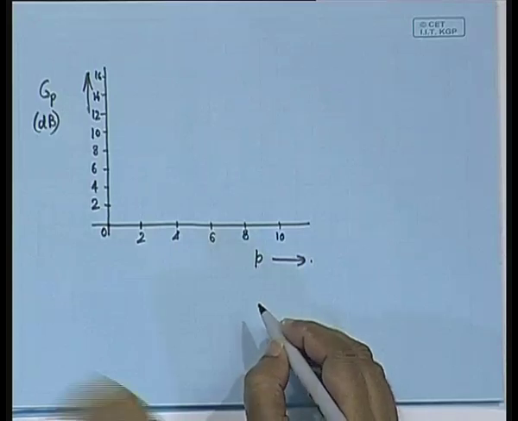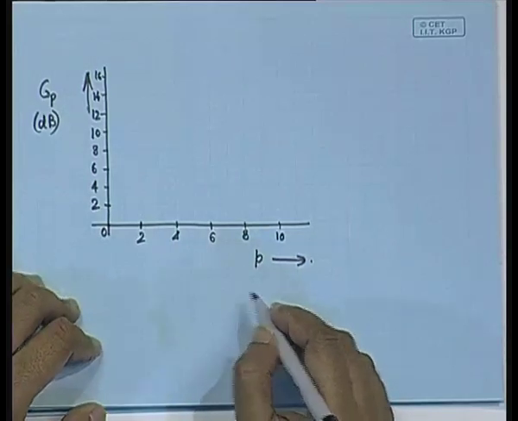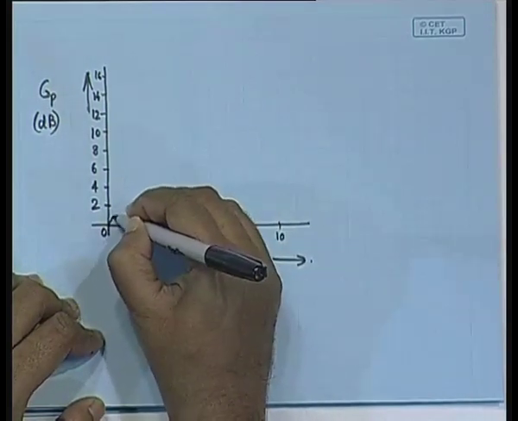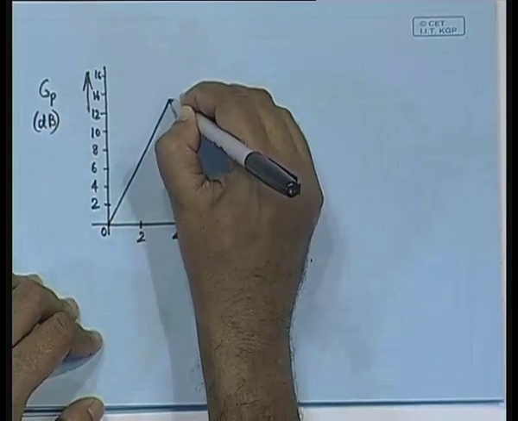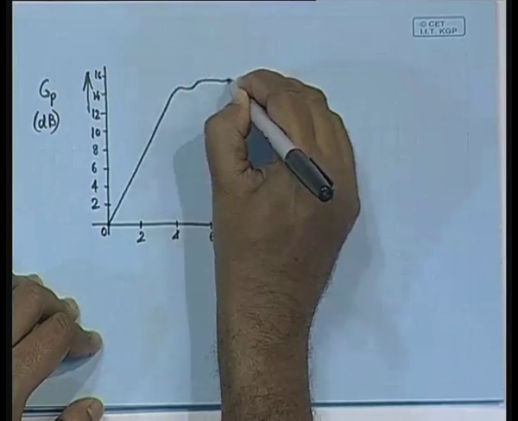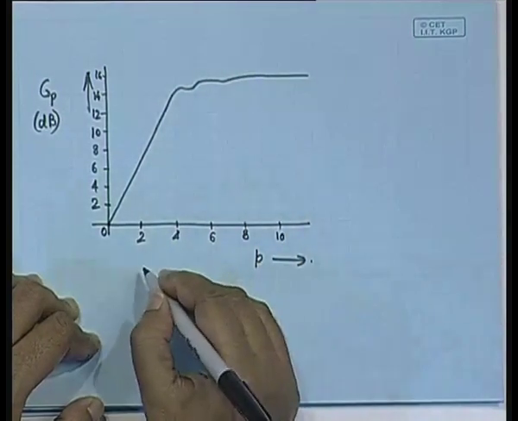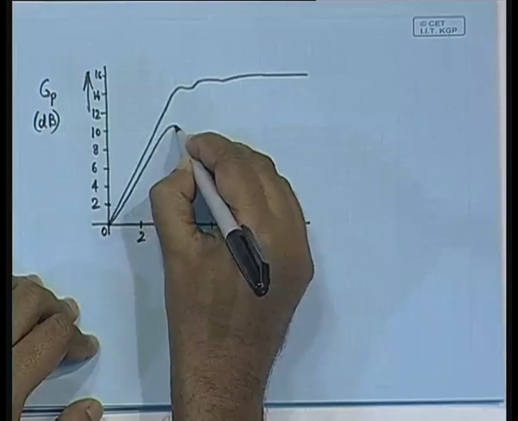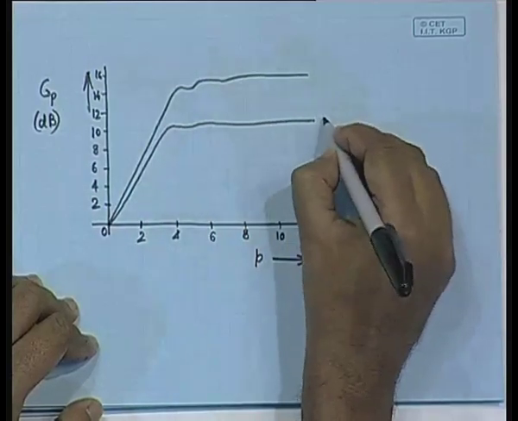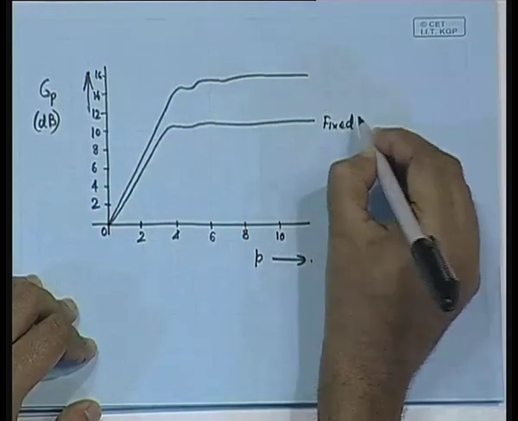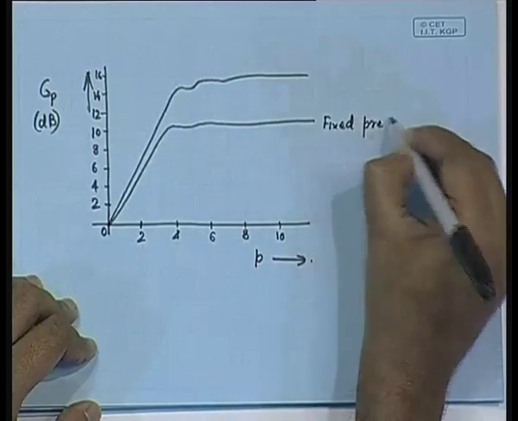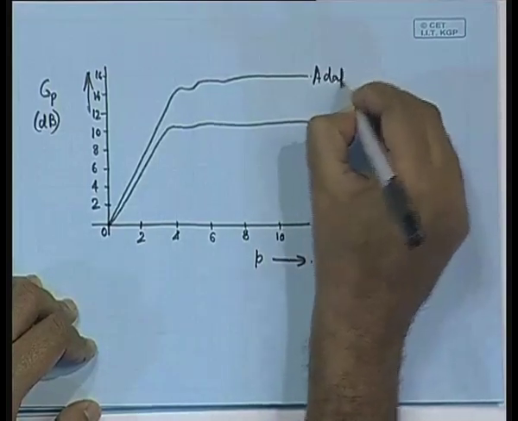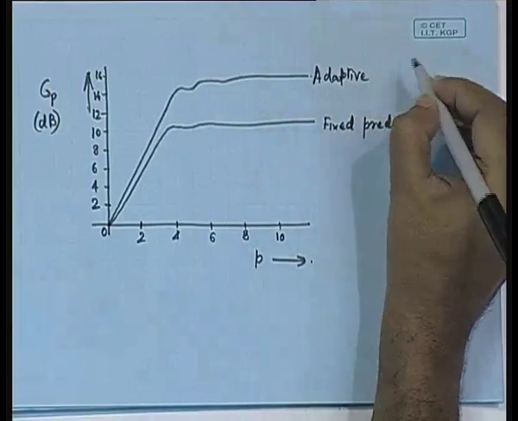So, one observes that for adaptive prediction it goes like this. And for fixed prediction, it is slightly lower. So, this may be for fixed prediction, and this is the nature of the graph one may obtain for adaptive prediction.